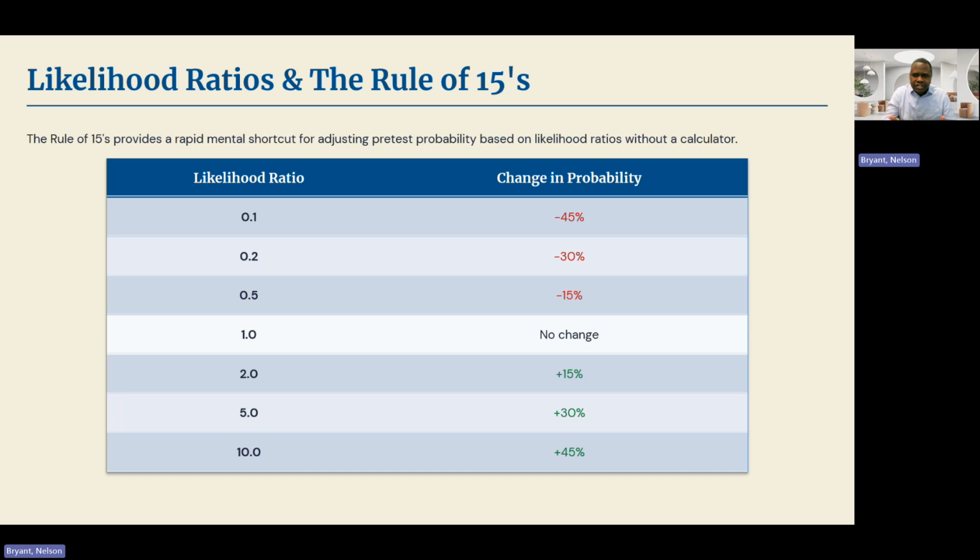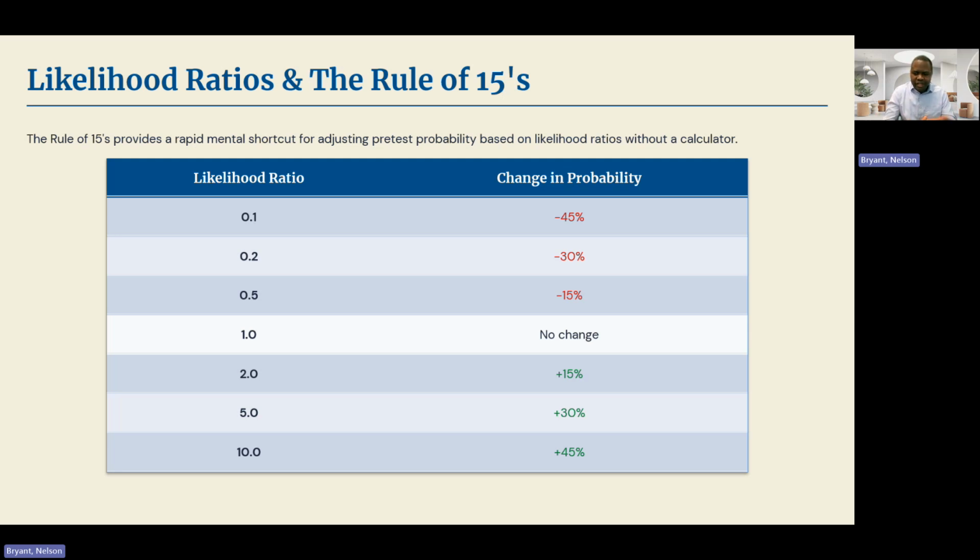When we are making decisions, for example, in the clinic, we use, for example, the rule of 15s, which provides an excellent mental shortcut for adjusting your pretest probability without doing complex math.